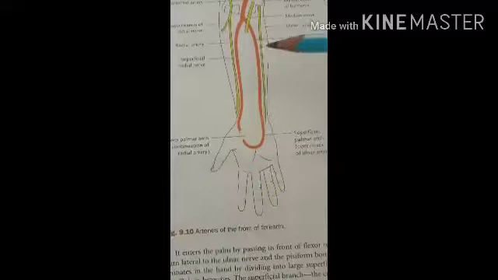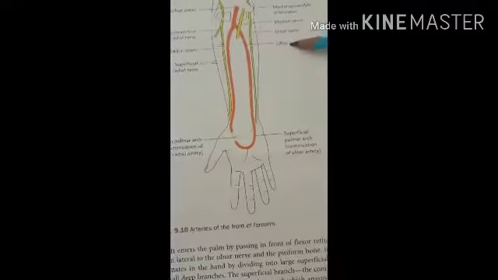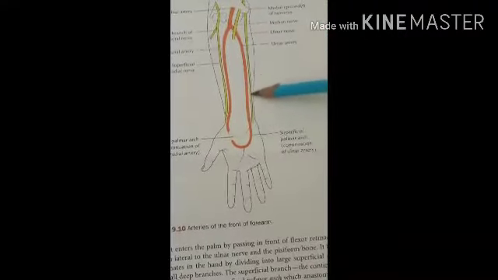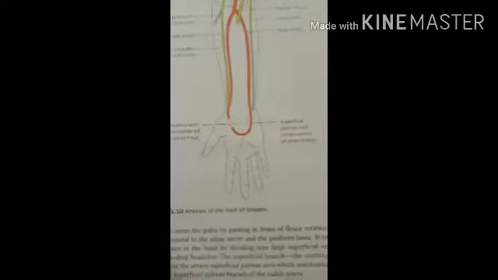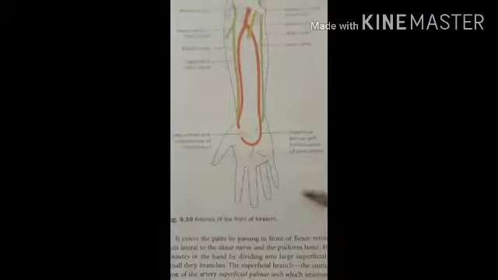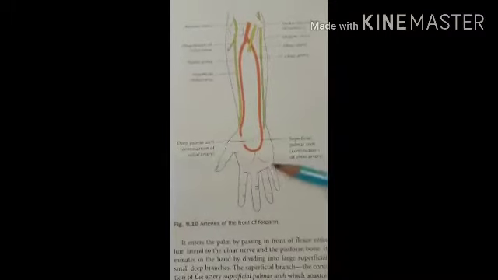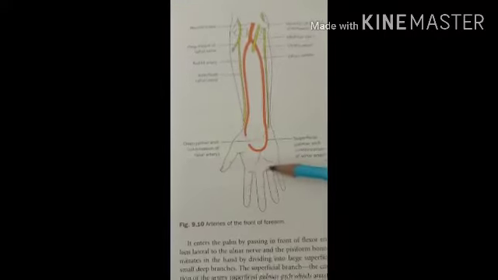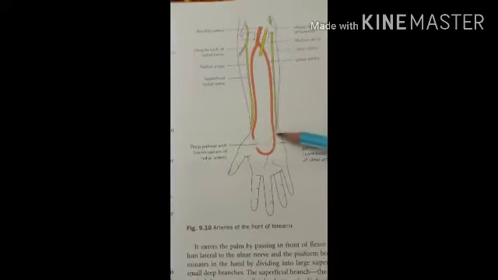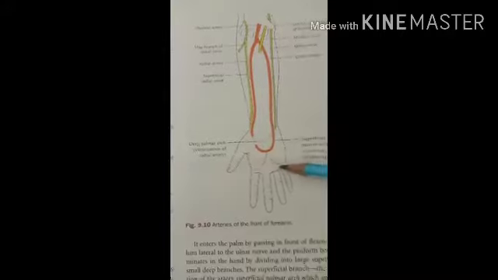Here you can see the ulnar nerve. Then it enters the palm in front of the flexor retinaculum, lateral to the ulnar nerve.